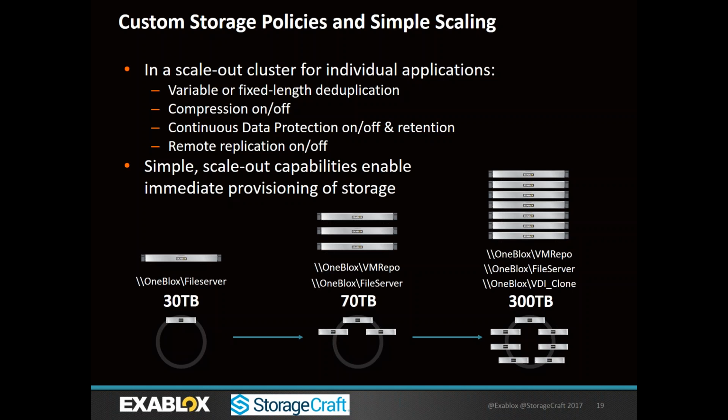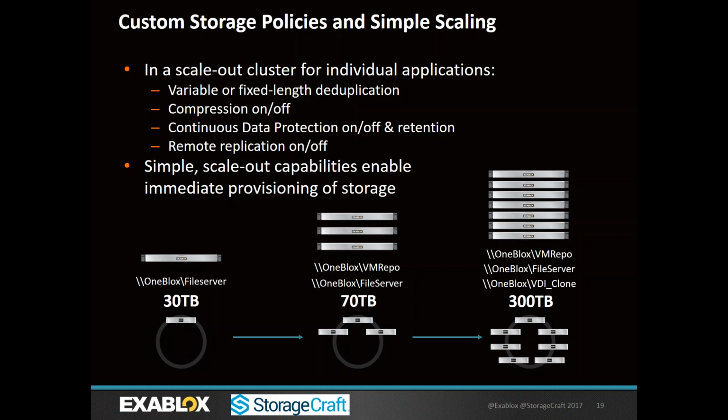So what we're offering here is simple scale-out capabilities to enable the immediate provisioning of storage for multiple purposes. You can see in the diagram underneath that we started off perhaps with a 4312 that was just provisioned as a file server, so it was perfect for the unstructured data.